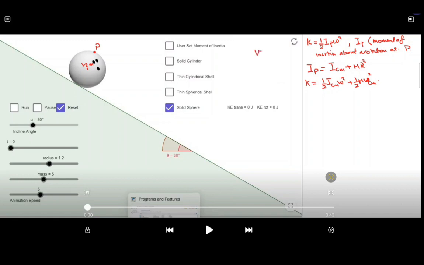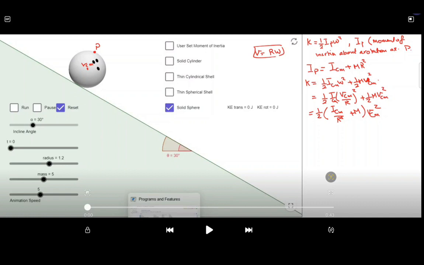Don't forget, v equal to r omega. You substitute this, you will find half I center of mass over r square plus half m v center of mass square, or half times I center of mass over r square plus m, times v center of mass square.